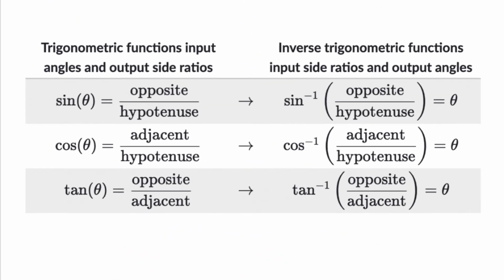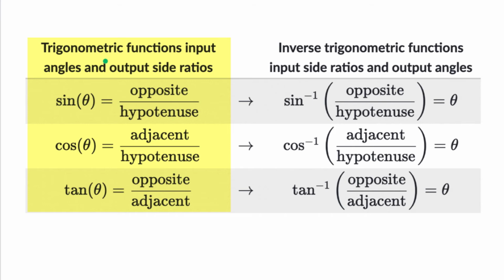So just a quick summary: something to remember is that trigonometric functions like sine, cosine, and tangent, we put in an angle and we get out a ratio. For example, if I put in my calculator the sine of 30, my calculator is going to tell me that the sine of 30 is 0.5.